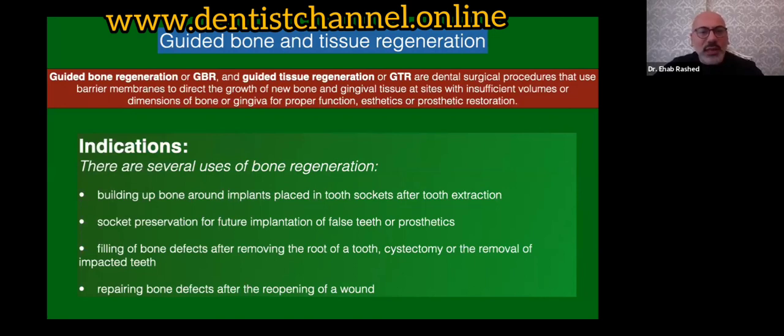And also filling the defect after extraction of impacted teeth, or if you remove any pathology like a cyst, or if you remove an impacted tooth like a premolar, for example, you have to rebuild the bone at the site. And also repairing the bone defect after reopening around the implant. In some cases, we have to regraft the site again and proceed with the bone regeneration.